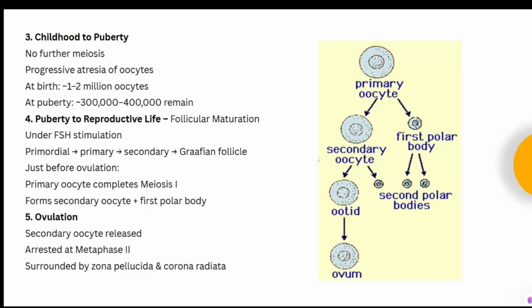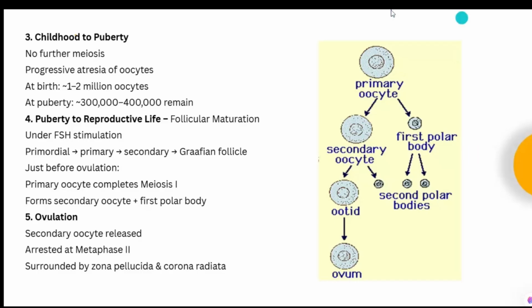Okay, so from puberty through the reproductive life, there is follicular maturation under the influence of FSH. The primordial follicle will become a primary follicle, then a secondary follicle, which will form the Graafian follicle, just before ovulation. The primary oocyte will complete meiosis 1.